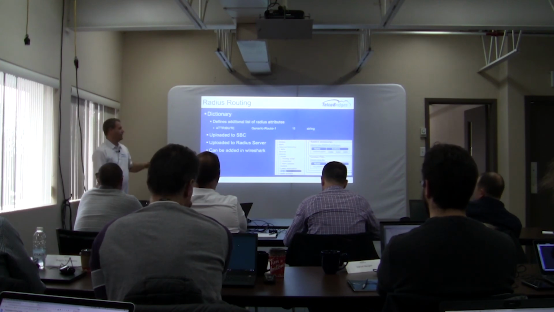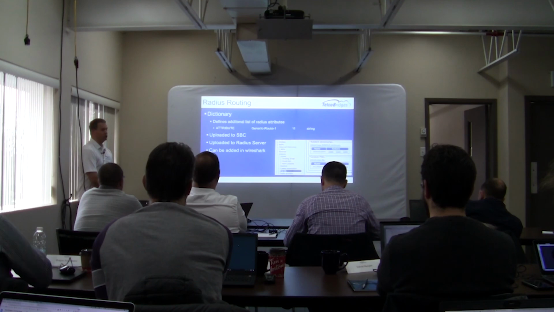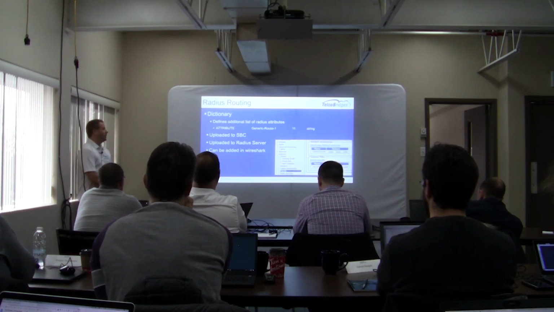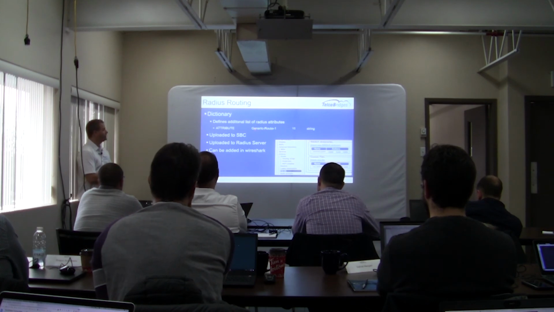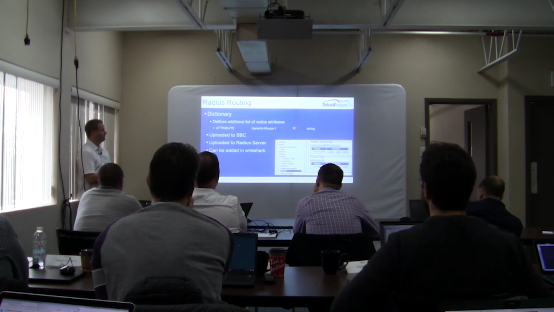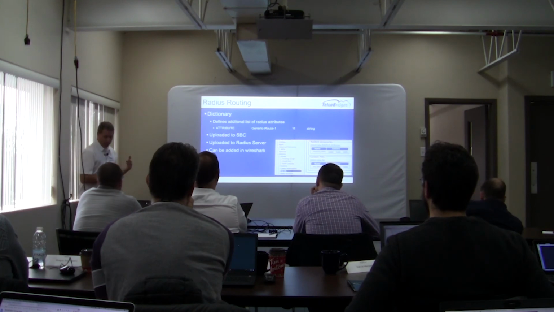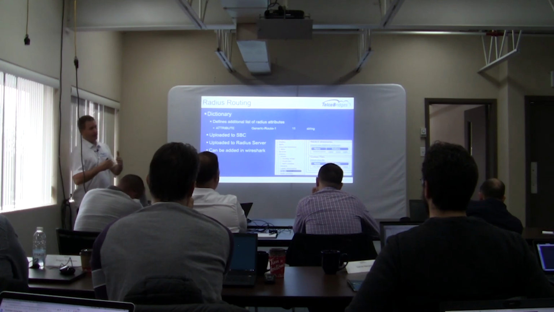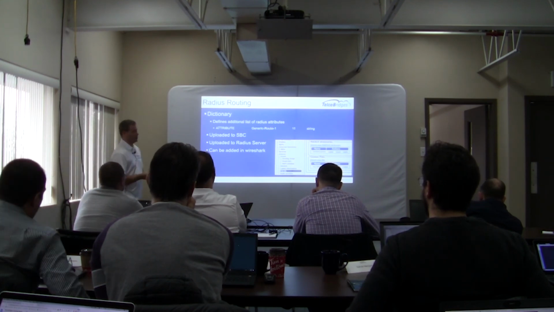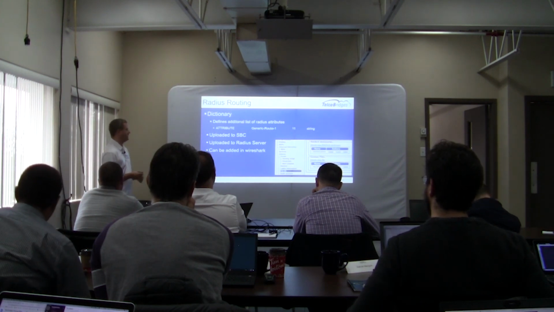So this is called generic route 1. It's possible to see this in Wireshark, right? This name here, generic route 1, and the value 11. And these attributes are understood by both the SBC and the radius server, so you can fill those attributes either going to the radius or coming back.